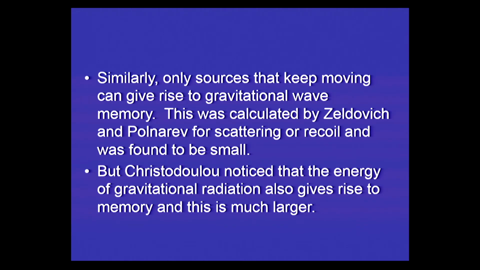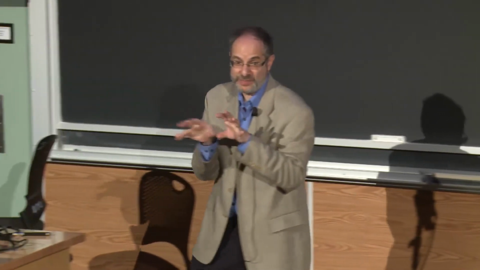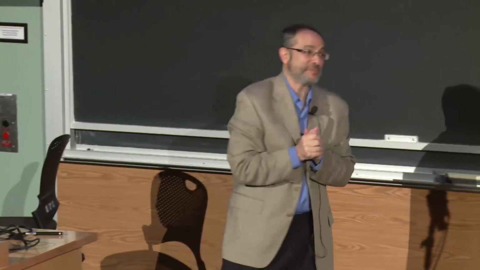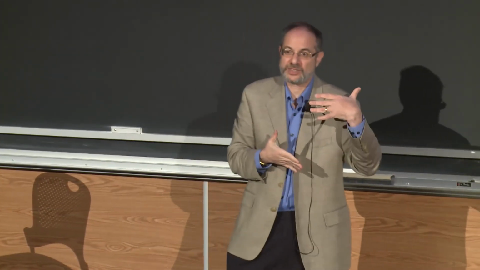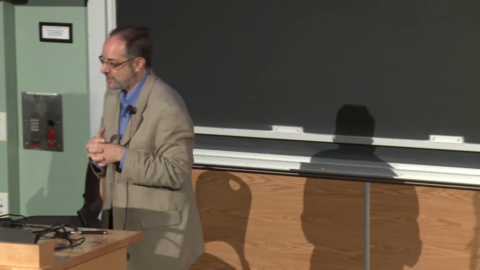Okay, so basically, gravitational wave memory works the same way. The gravitational wave is going to stretch space and squeeze space, and it's going to be made by moving objects. And so as long as the source of gravitational waves is something that's going to keep moving even after the whole process is done, it will give rise to this gravitational wave memory, where there's a residual stretch and squeeze of space.